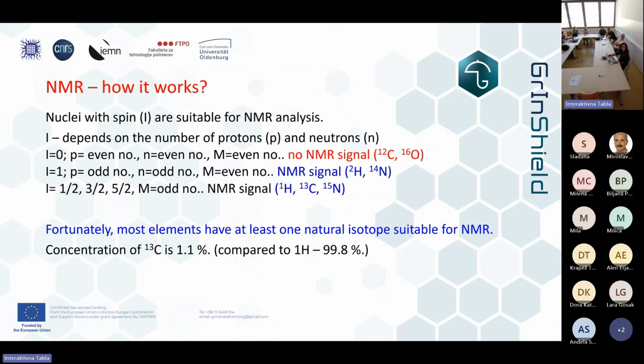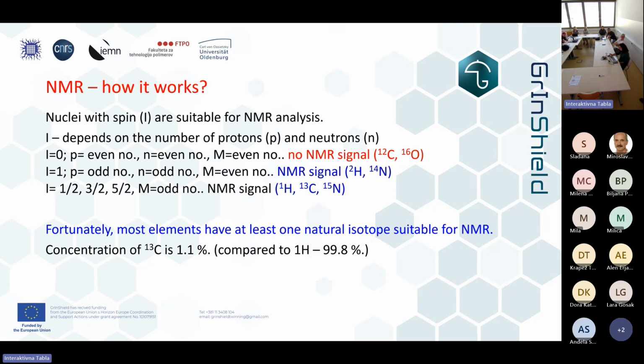So how does it work? We need nuclei with spin for measurement. Atoms which have an even number of protons and neutrons do not give an NMR signal, which is a pity, because all organic molecules are based on carbon, and we cannot measure carbon-12.